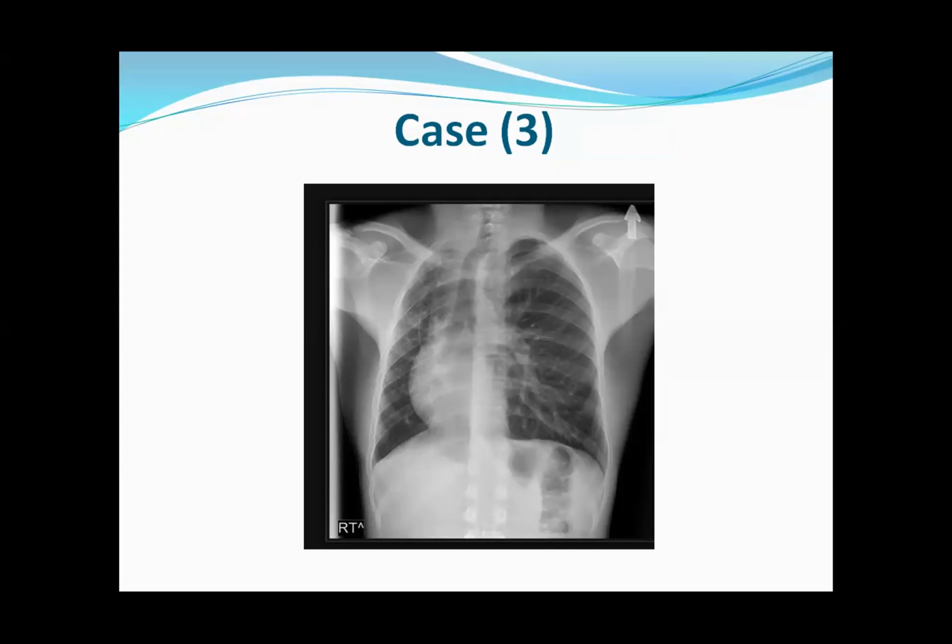Other differentials could be considered if there is a history of chronic infection before. There's no history of infection. There is hyperexpansion as well on the left side.